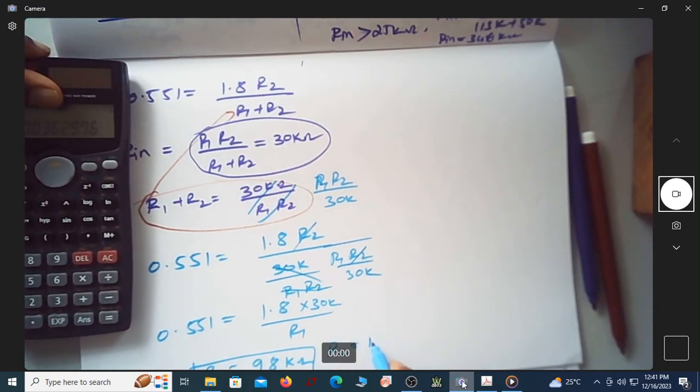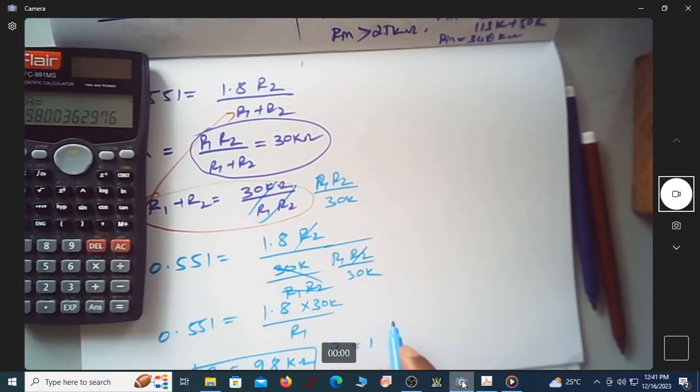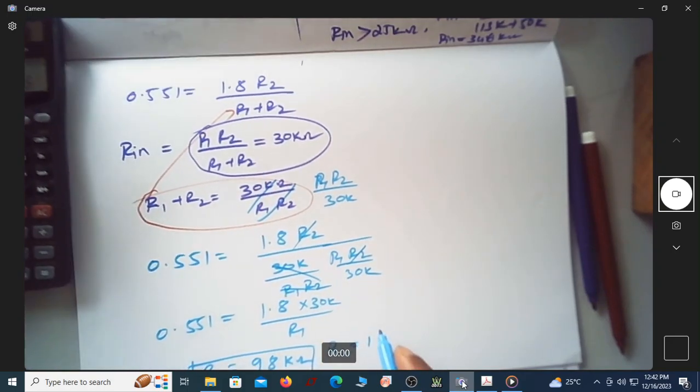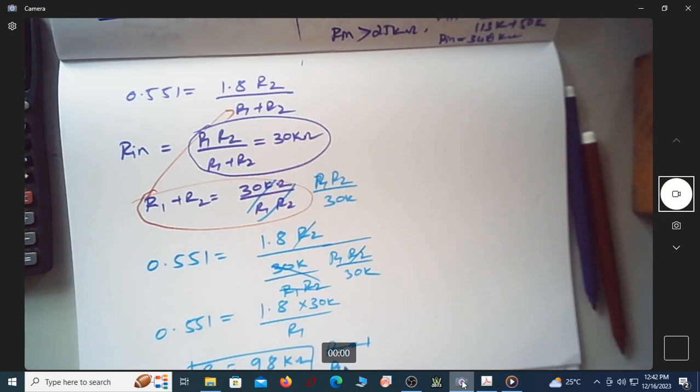How much is R2 now? We have this equation where R1 plus R2 was equal to, what is R1 plus R2 equal to? 30k divided by, I know this.